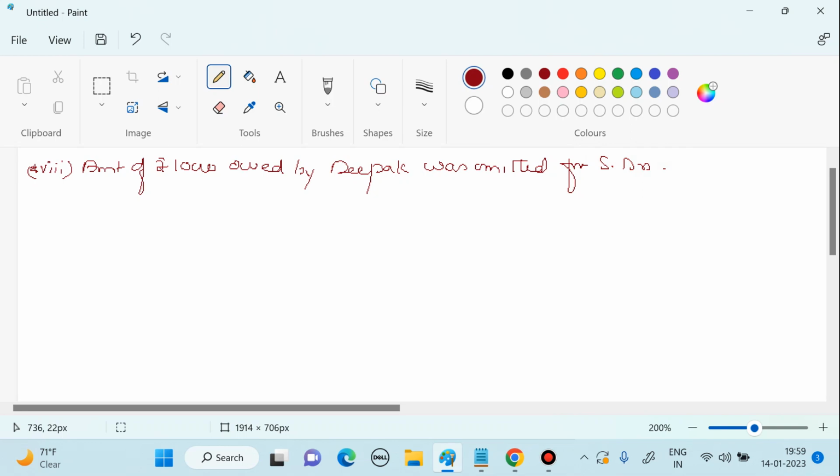In that list, we write the individual name of all the debtors and total it up. So while preparing that list of sundry debtors, we forgot to write Deepak's balance of 10,000 there. And that is why when the total of the sundry debtors came into trial balance, it is actually less by 10,000, and that threw up a difference in our trial balance.